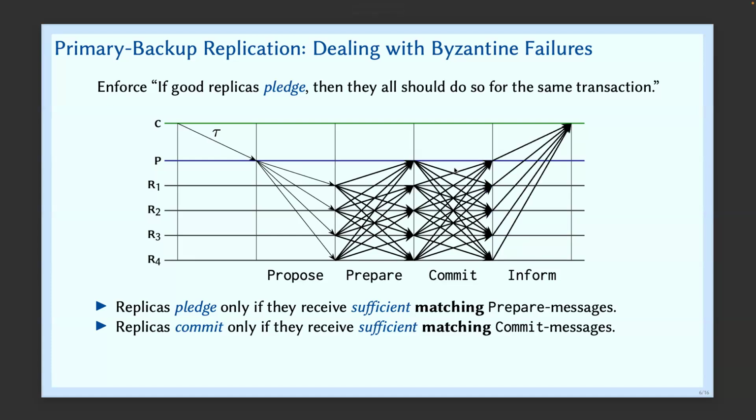Otherwise, it would have been quadratic. But essentially, the client needs a proof. Either you send it a set of signatures showing that commitment was reached, or F+1 tell the client that it was committed. And if F+1 say it was committed, you know that one of them is telling the truth, and that's sufficient.